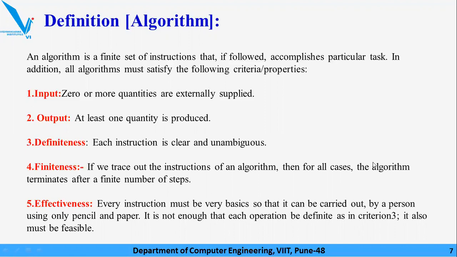tea, the particular task. Now these instructions must follow some criteria. Let's see what these criteria are. The first criterion is about the input. The input must be zero or more quantities that are externally supplied. So the input must be zero or more.